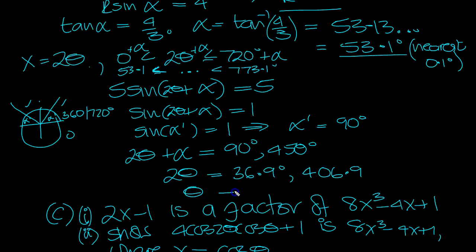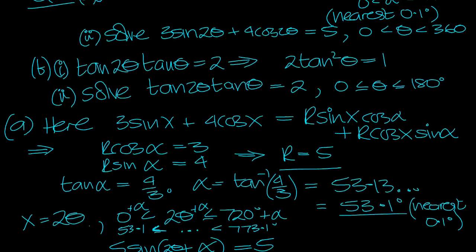So theta will equal, because it was just over, we have to round up rather than round down, because this will be 4.5, so it'll be 18.5 degrees. And then 203.5. And there's our values for theta.